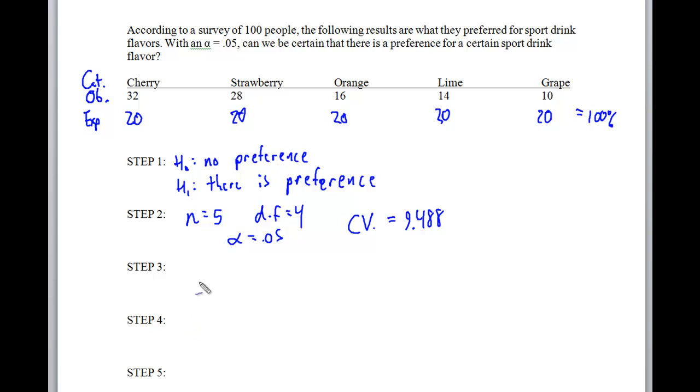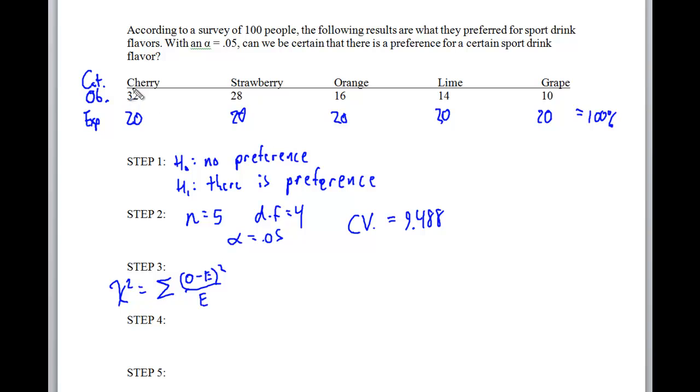So step 3. Now here's the part that got a little bit confusing for some of you. You're wondering, like, I'm not sure how to actually compute this formula where I have to add up the sum of the observed minus the expected squared divided by the expected. Well, here's how you would do that to find your chi-squared.